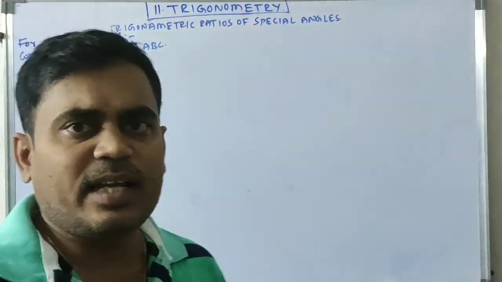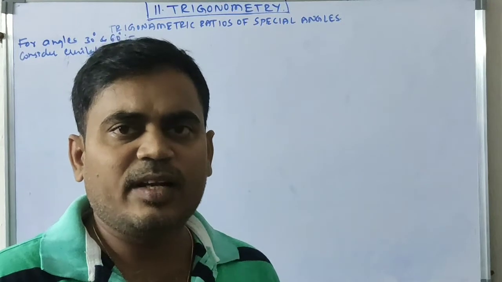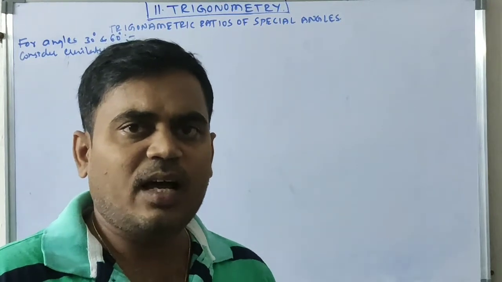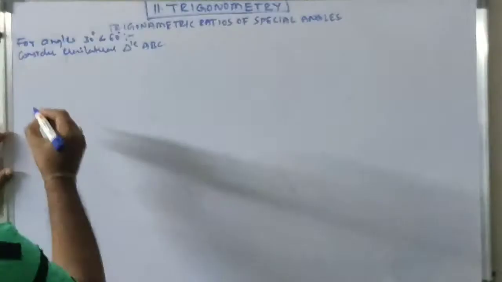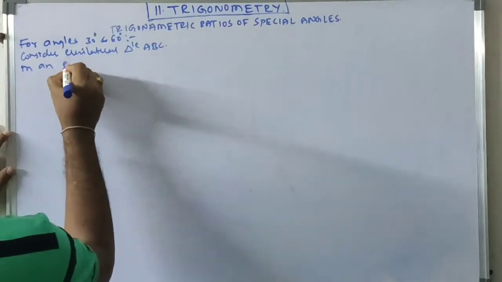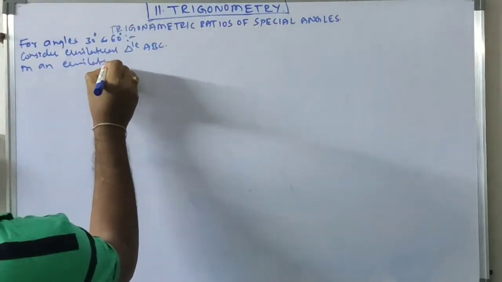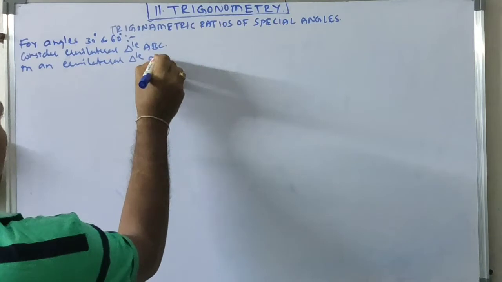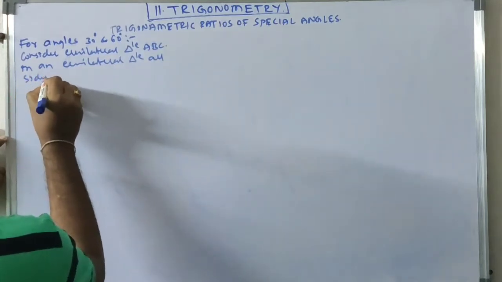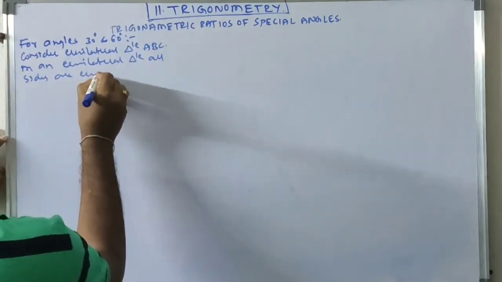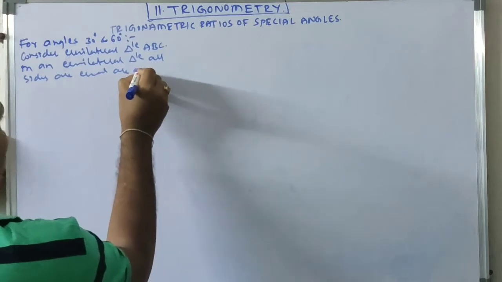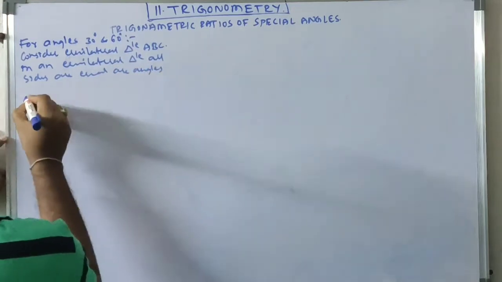In an equilateral triangle, all sides are equal, all angles are also equal.